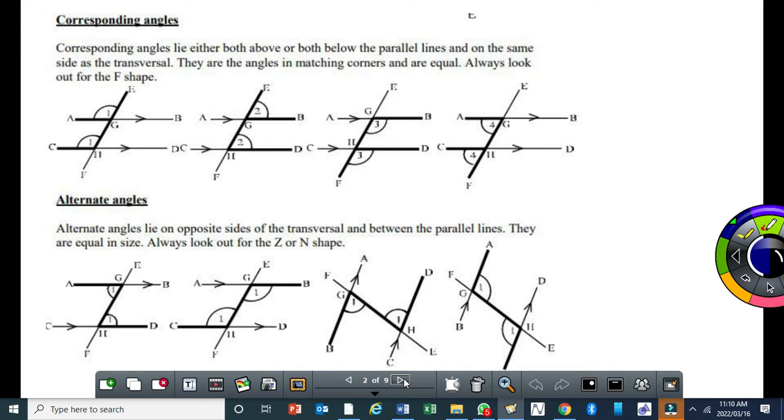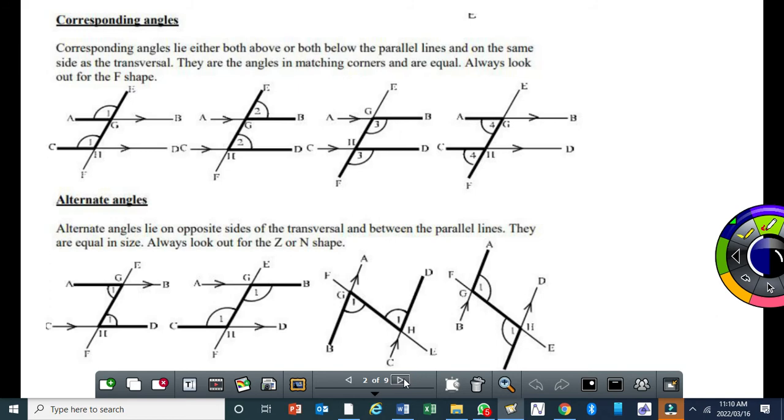If you draw two lines that are parallel, like in this case, AB is parallel to CD, and you draw a line intersecting both lines, you end up creating a type of angle called a corresponding angle. Corresponding angles are equal.